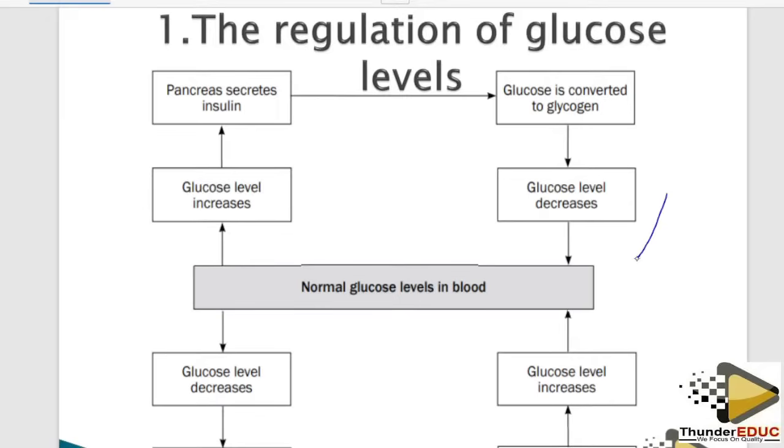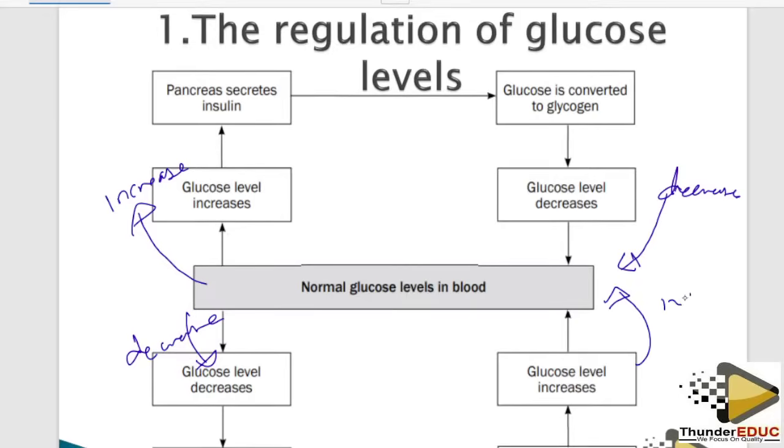The last statement and the first statement must be in opposite ways. If you see here there is an increase, the last statement must be a decrease. If you see here there is a decrease, the last statement here must be an increase. I think I'm clear there.